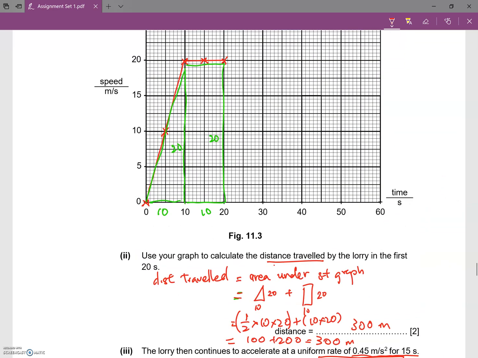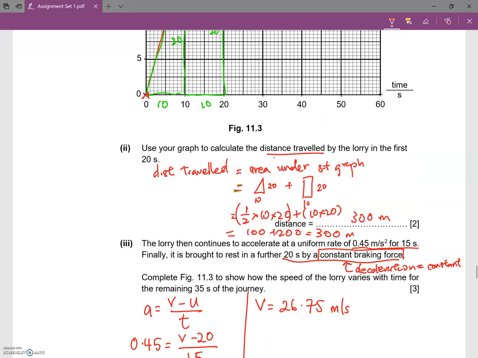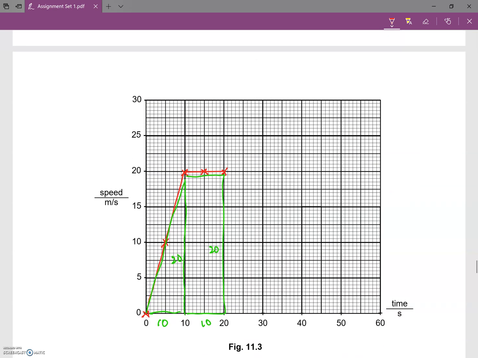So 15 seconds later, at 35 seconds, the speed becomes 26.75. It's over here. From 20 seconds to 35 seconds, it accelerates uniformly, so this is going to be a straight line with the speed increasing like this.